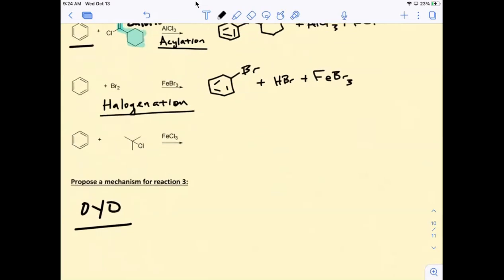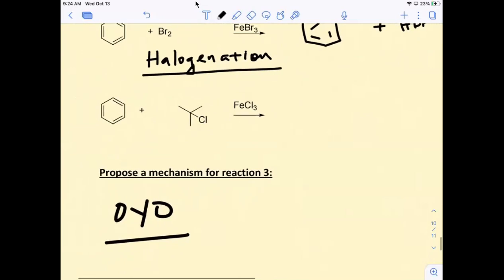All right, let's see if somebody can help us with the last one. What type of reaction is that, and what's the outcome? What am I adding to the ring?